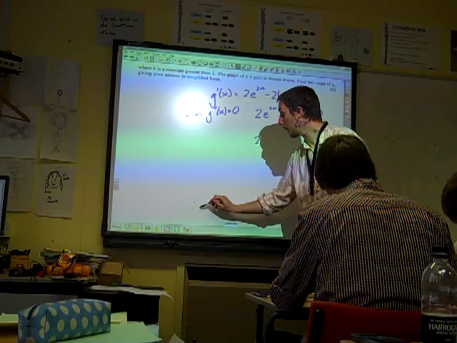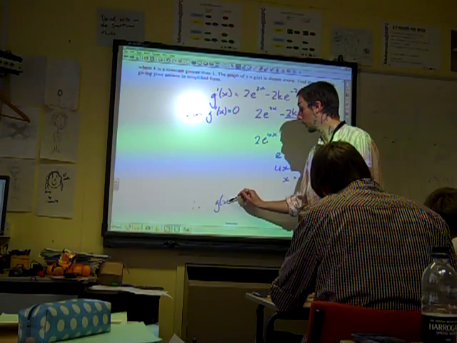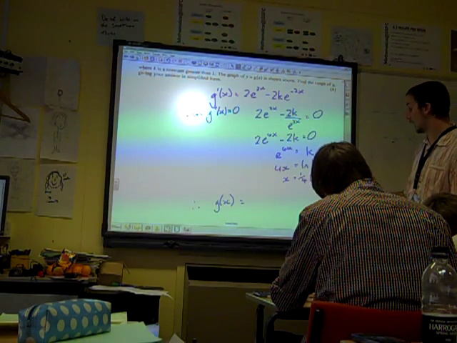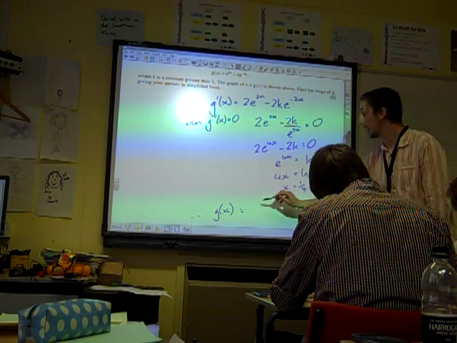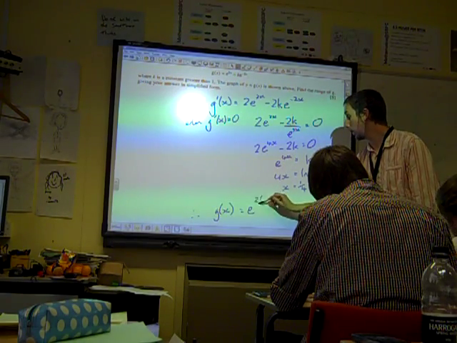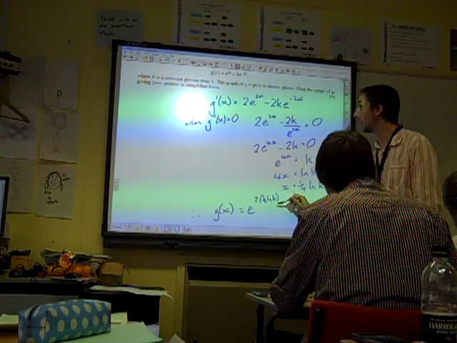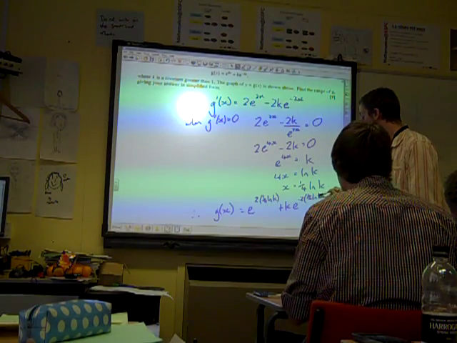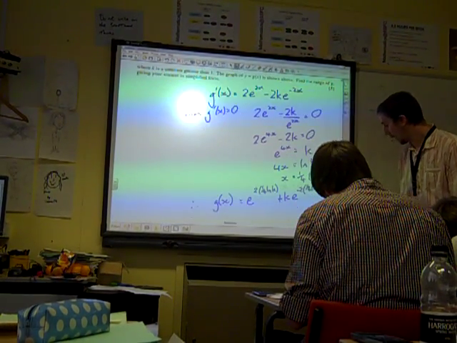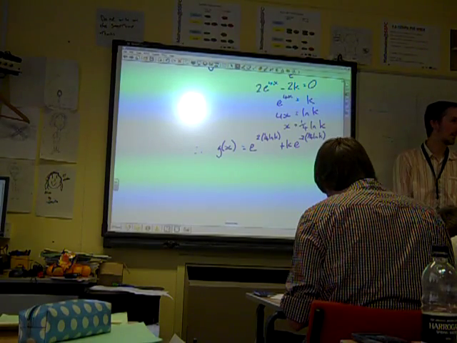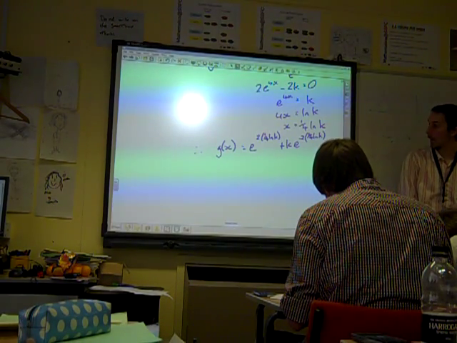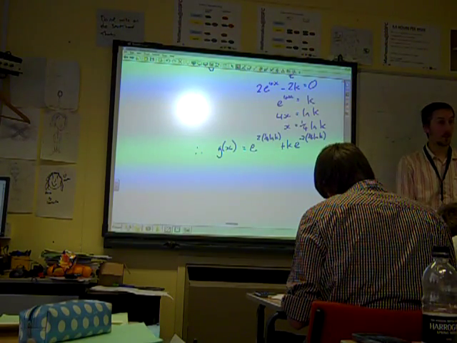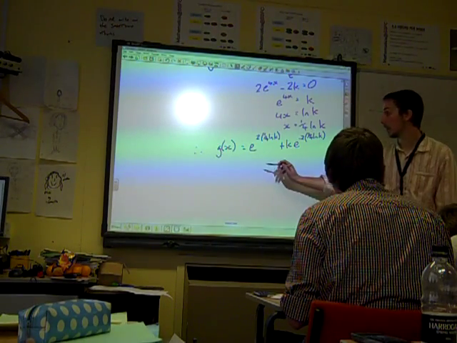So when x equals a quarter ln k, g of x is e to the 2 times a quarter ln k plus k times e to the minus 2 times a quarter ln k. This is a little bit mean, because they're really testing you here that you can't just stab this into a calculator and get an answer. We actually have to think quite carefully through what's going on.